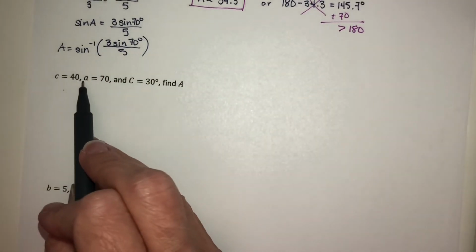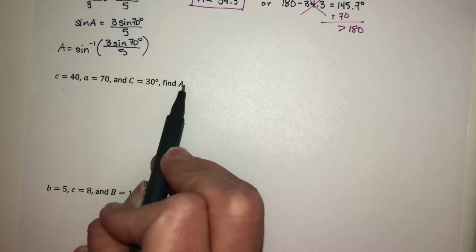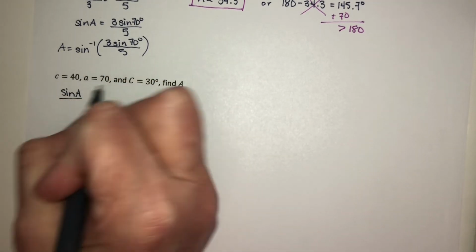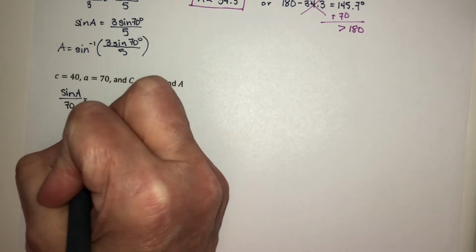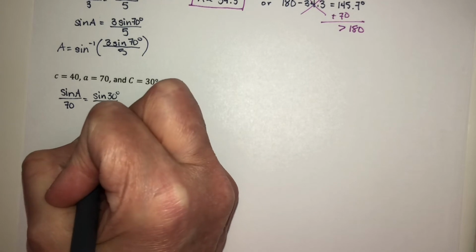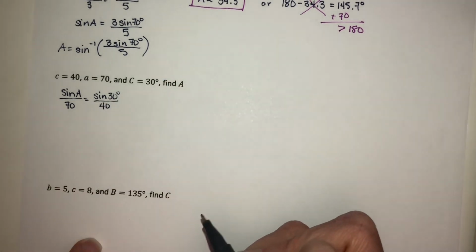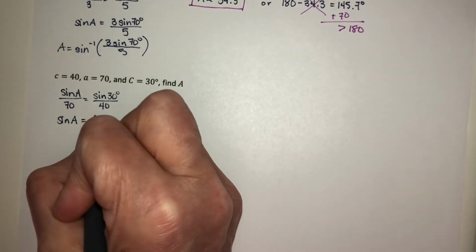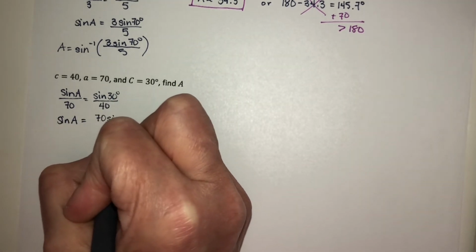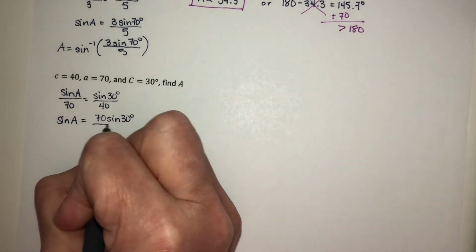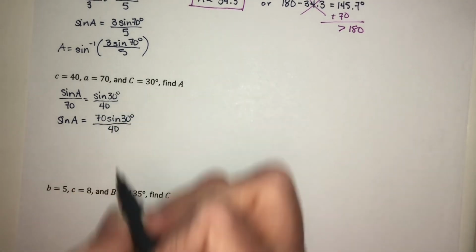I know I have both values for C. So sine of A over 70 is equal to sine of 30 degrees over 40. So sine of A is equal to 70 times sine of 30 degrees over 40.